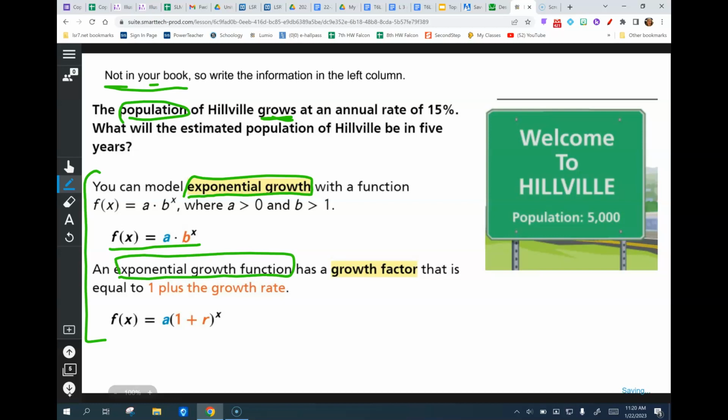But an exponential growth function is going to look like this, where we have f of x is equal to a. That's still the initial value, but now instead of b, this becomes your b. B is the same as that. But now what happens is this is going to be the growth factor. r is the growth rate.